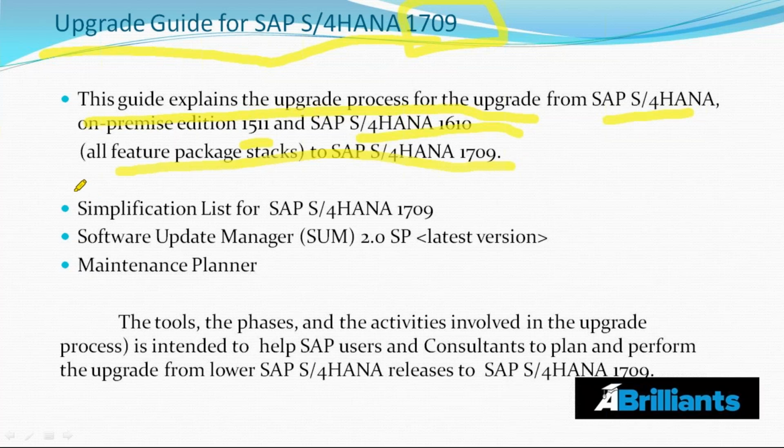HANA 1709 has a simplification list for which there are prerequisites on the implementation of HANA 1709. The software upgrade management which is going to be used at this point is going to be HANA 2.0, which is the latest version as well. And we're going to have a maintenance planner.